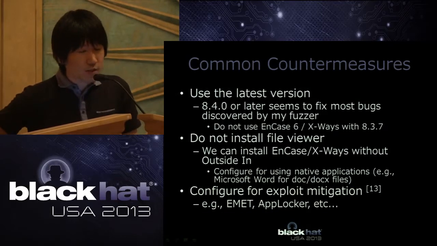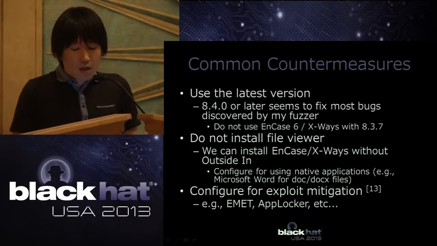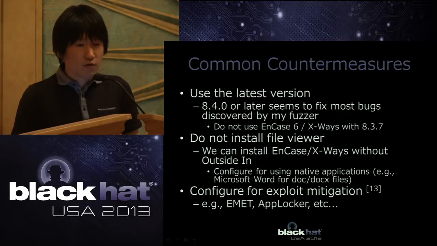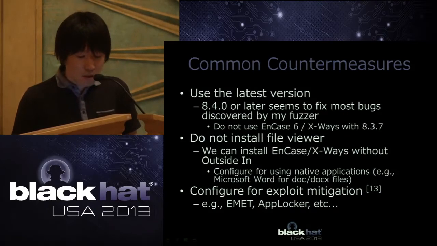As common countermeasures, I recommend using the latest version of Outside In, because 8.4.0 or later probably seems to fix all bugs except the infinite loop DoS bug discovered by my father. If you want to use EnCase 6, you can choose an installation without file viewer.